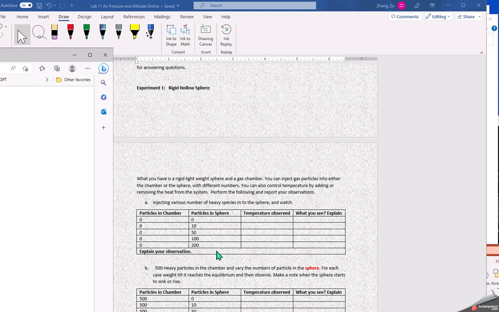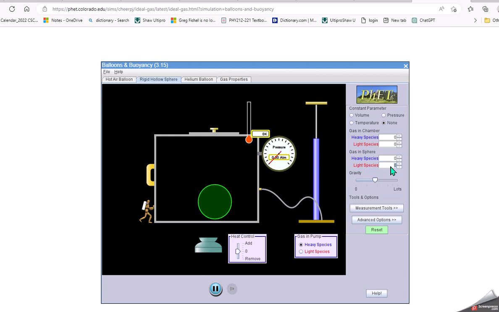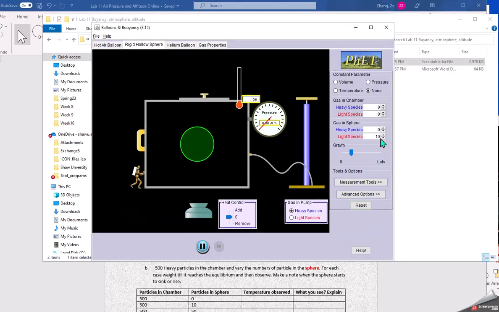Explain what you observed. For example, let me just do one. Nothing in the chamber, first one. Say 10 light species, 10 light species over here. Sometimes this doesn't work. Okay, and then go.